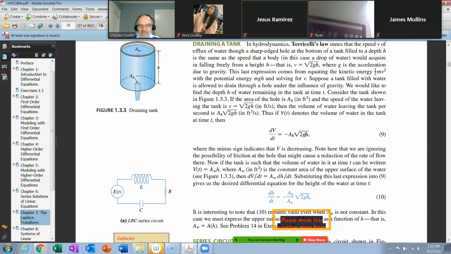Now, that's the rate of change of the volume of water in the tank. Or no, I'm sorry, the rate at which the water is going down in the tank would be proportional to the amount that's in the tank and the area, if it's a cylindrical tank.